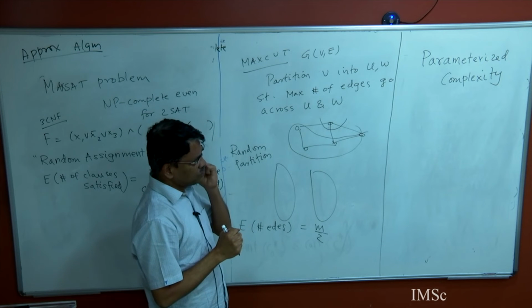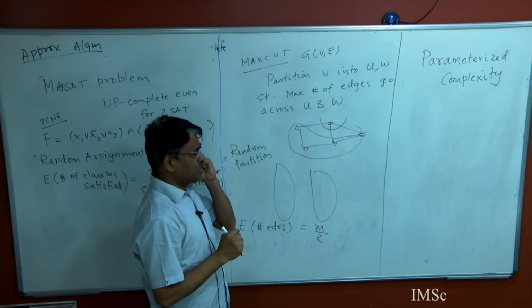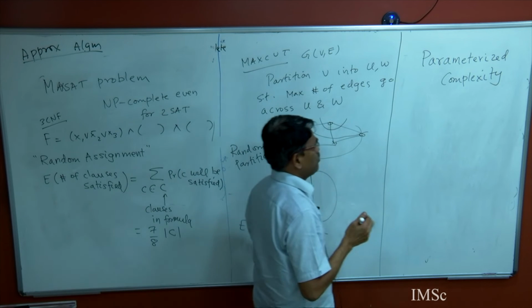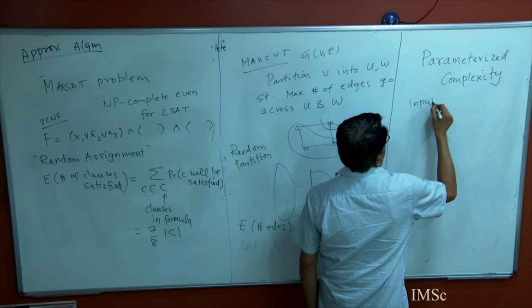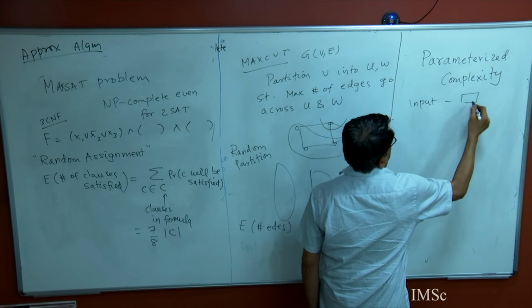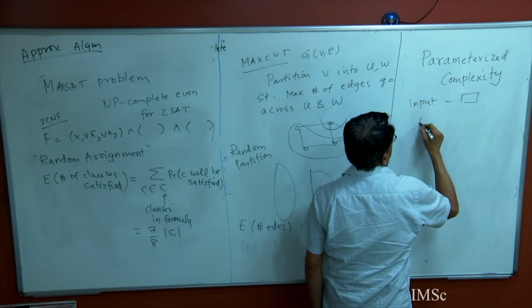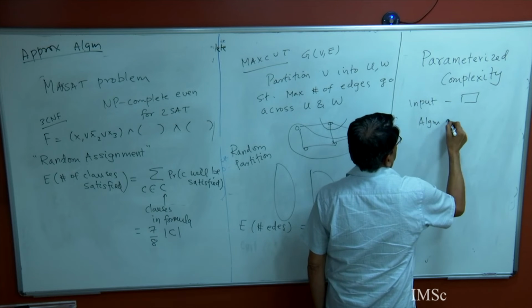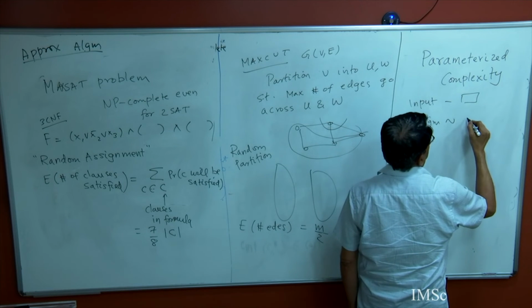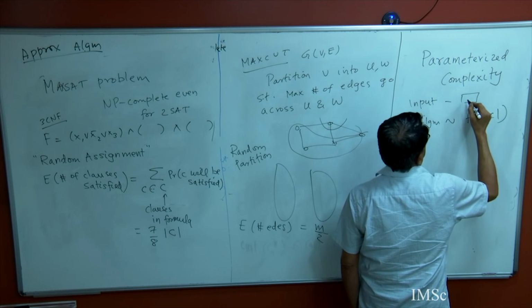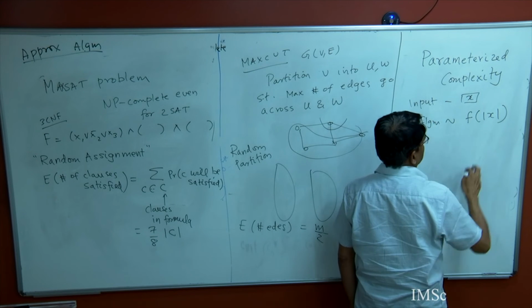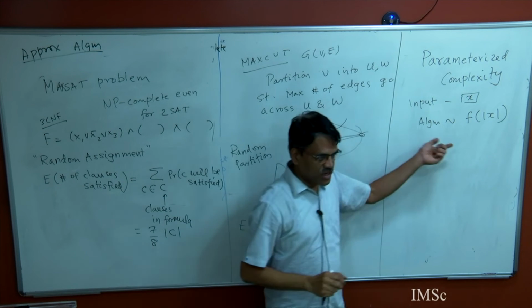Okay, so what's the idea here? So far we had some input, and we were analyzing our algorithms as a function of the input size, whether it's polynomial, exponential or whatever.